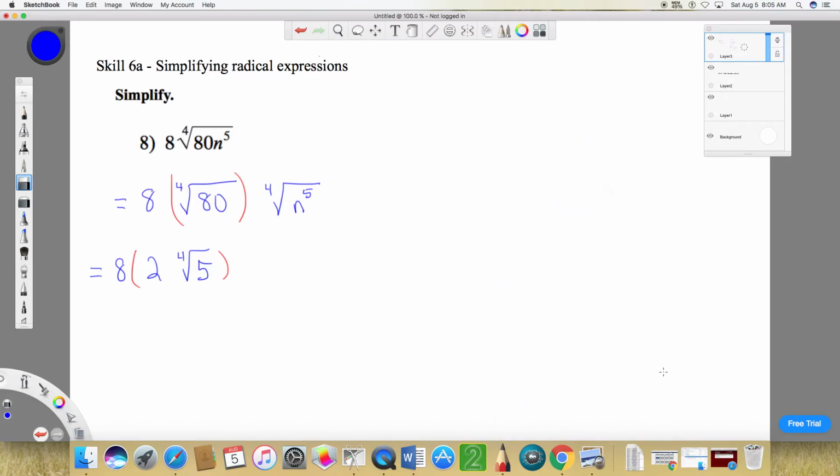It's bigger than my index, so I know I'm going to be able to simplify it. I have this n raised to the 5th power, which I know means that I have a total of 5 factors of n, but I'm looking for groups of 4 because that's what that index is, and I have some left over.